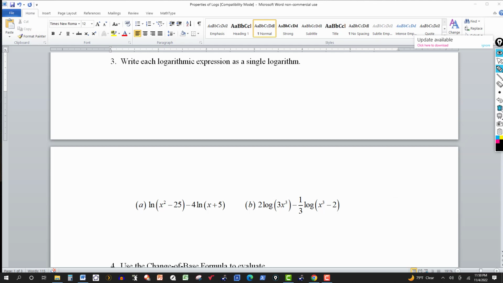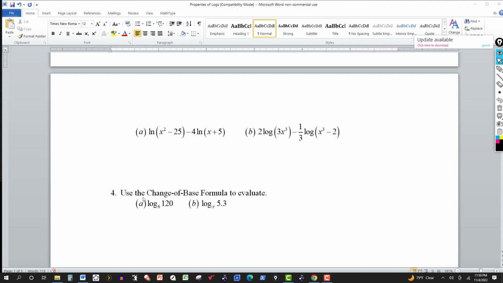I'll clear this. And this one says use the change of base formula to evaluate. So ordinarily, if this were base 10 or base natural log, base E, you could just use your regular calculator, but here we have to use the change of base formula.